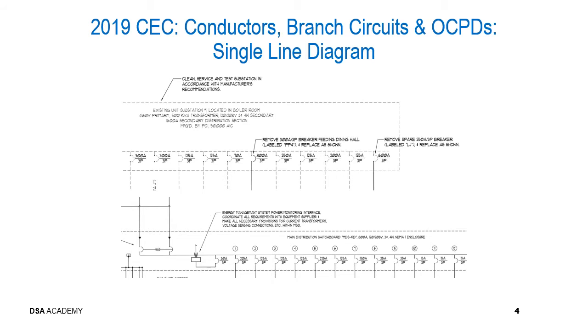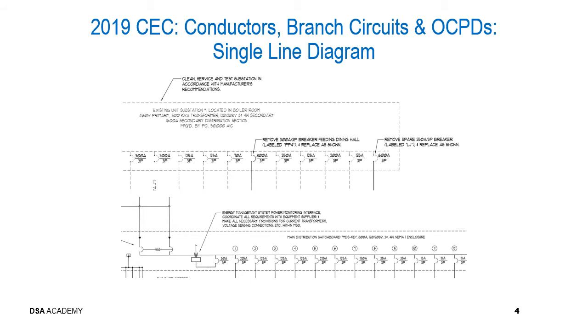Look to make sure that the required working clearance spaces are provided. If they are not, remind the contractor that they need to do that before you even get near this equipment, before you even get near the area, and provide any type of monitoring if they're cleaning and testing this particular substation.